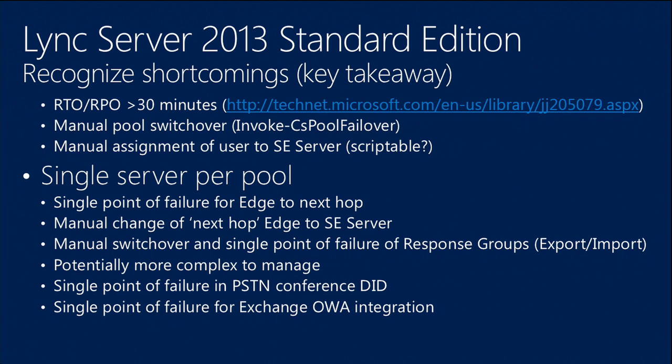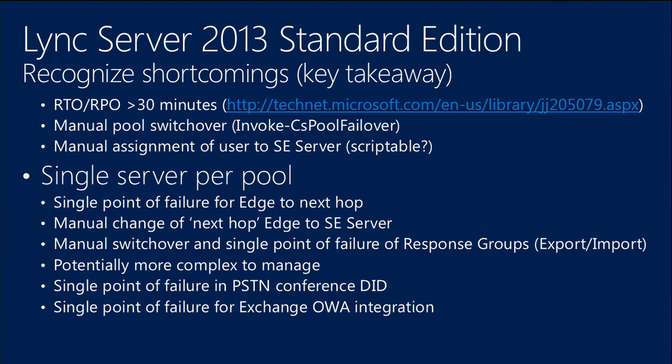Response groups, as we called out, are not something that will fail over and fail back. So if we do have response groups and they're on the server that failed, that's still a manual export and a manual import for us to restore that response group functionality. That applies also in the Enterprise Edition paired pool scenarios.